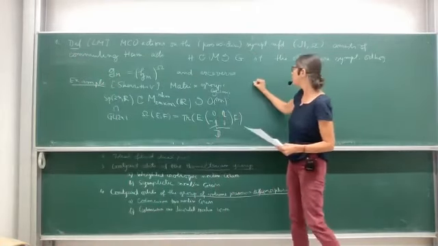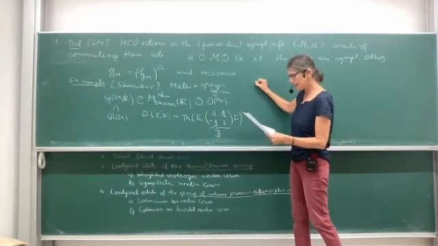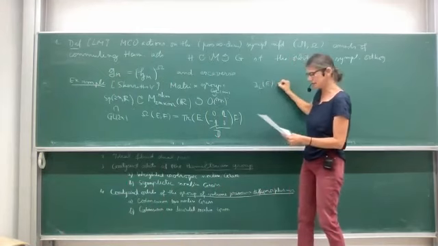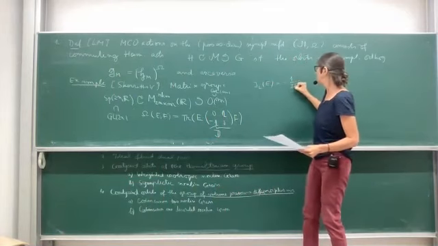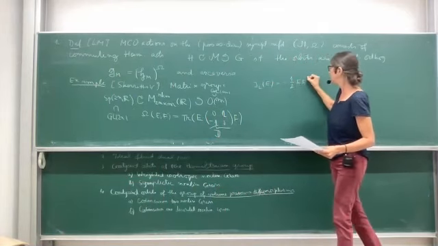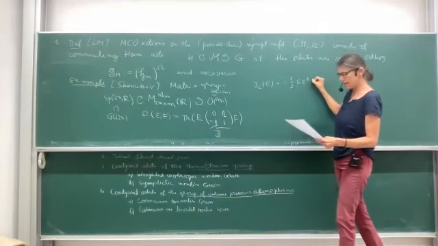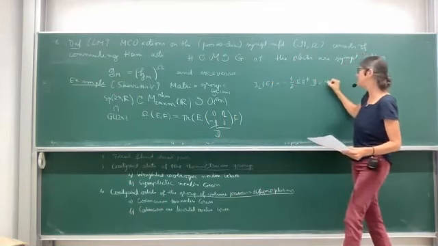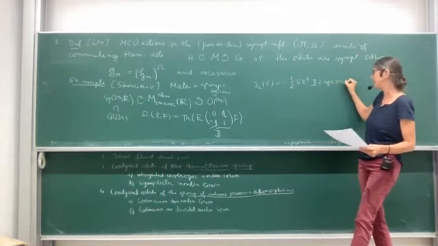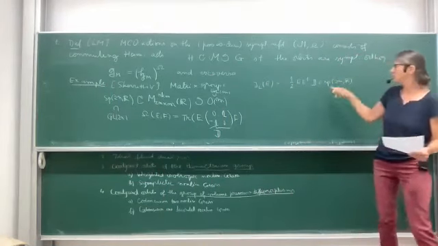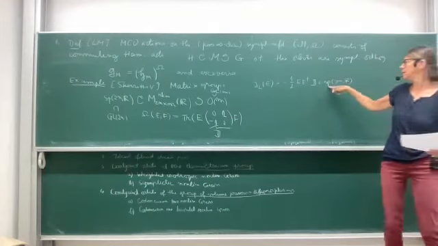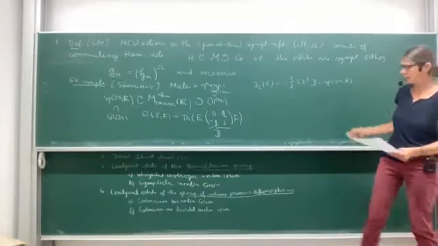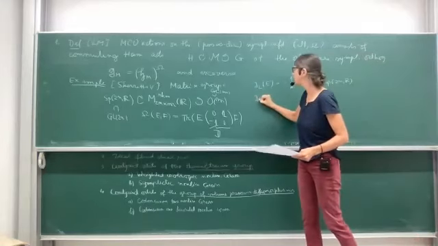We have momentum maps, and for the left group, it is E E transpose J. This is after identifying the dual of the algebra sp, and then the right one.